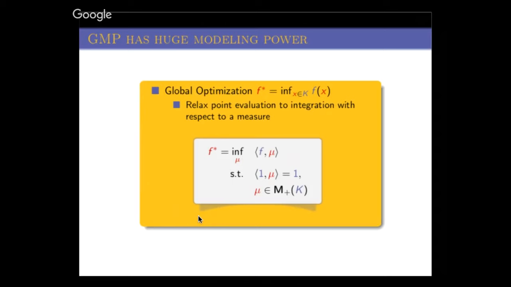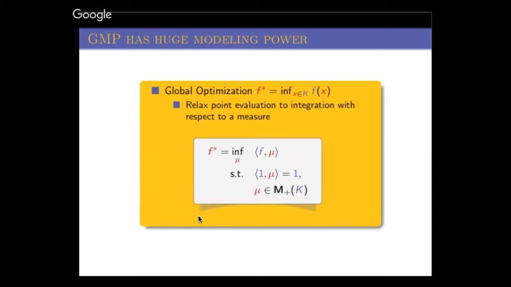So you integrate your function with respect to a measure, and you search for the measure which is minimizing this. And it turns out that the optimal measure will be the measure which is concentrated in the minimizing point. And if there are several points, the measure can be concentrated in several points. That makes the problem linear. So this is an easy problem.